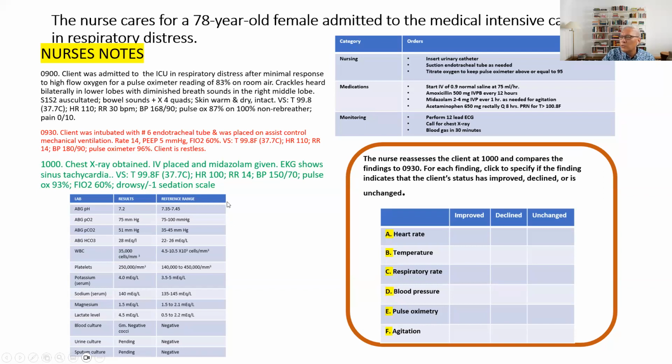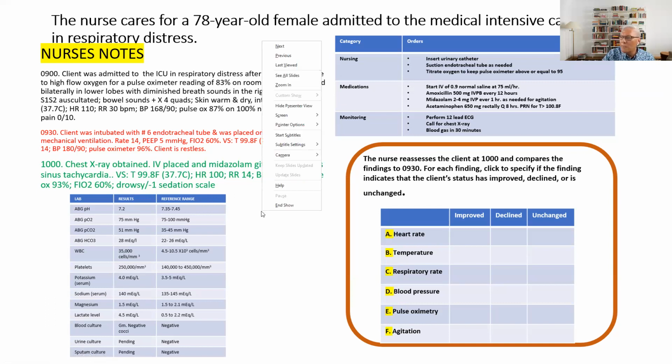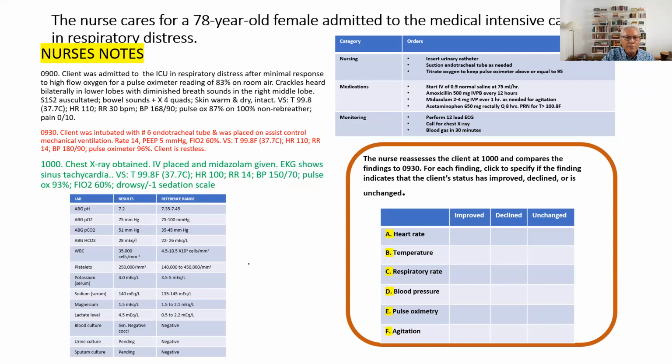So let's take a look at the heart rate. What was the heart rate before? The heart rate before was 110, and now it is 100. So is this an improvement, a decline, or unchanged? What should we answer? Improved. Okay, very good. How about the temperature?